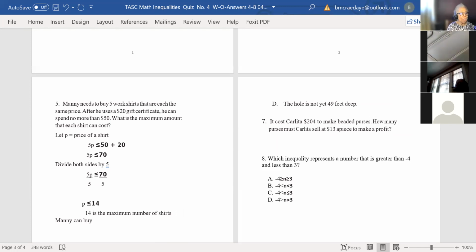And that will fit within what he has to spend, which is $70. Because how much would 15 shirts cost, Vanessa? How much would 15 shirts cost? It would go over.